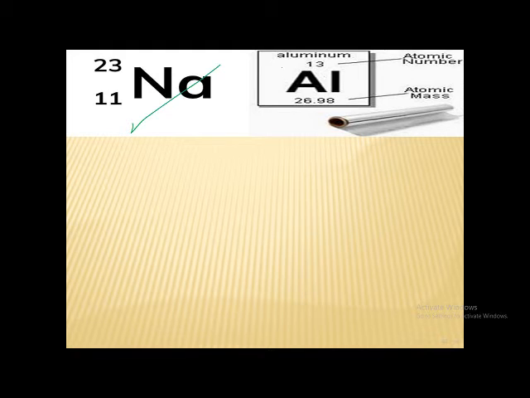Okay, let's try aluminum. This is the atomic mass, the same as the mass number, and here we have the atomic number. We solve for aluminum, not for sodium. So how many neutrons do we have?